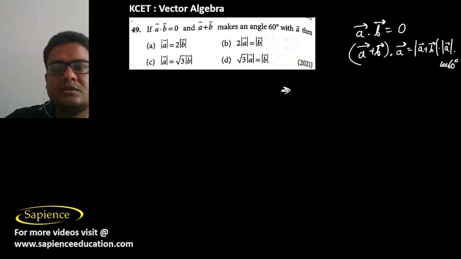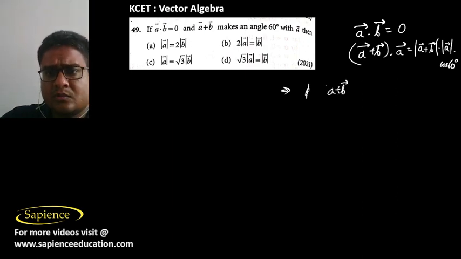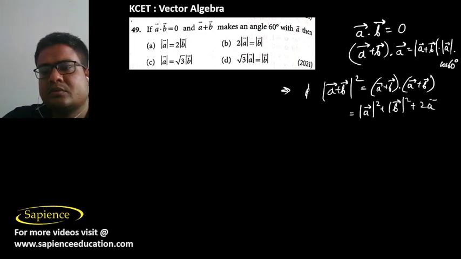A dot B is 0. Now mod of A plus B whole square is equal to A plus B dot A plus B, which is mod A square plus mod B square plus 2A dot B. So this is mod A square plus mod B square.